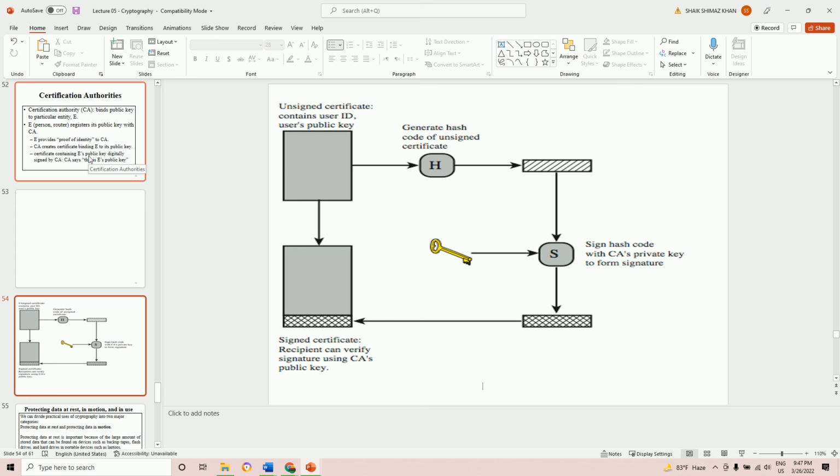So basically, information about some entity, like the public key, is all inserted into the certificate, it's hashed, then it's encrypted using the private key of the certificate authority, a signature is created, and the signature is added with the certificate.